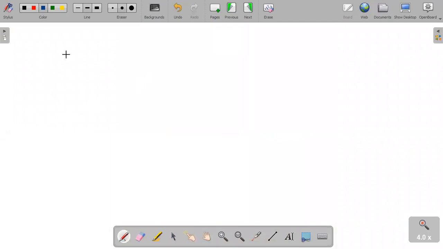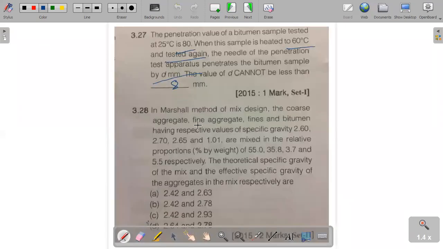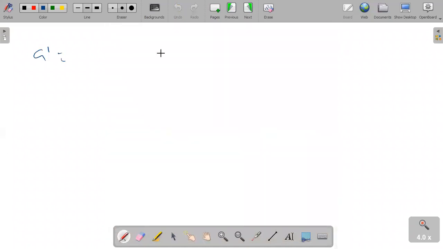So effective specific gravity has a formula. It is the effective specific gravity of aggregates, that is coarse aggregate and fine aggregate. So we have the formula W1 G1 plus W2 G2 upon W1 plus W2.